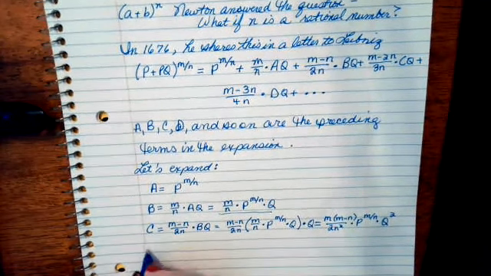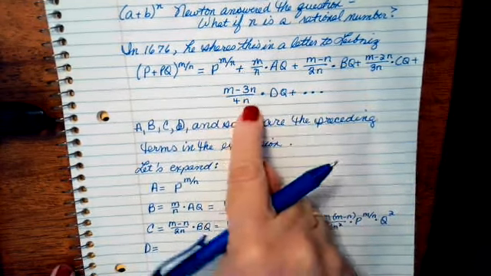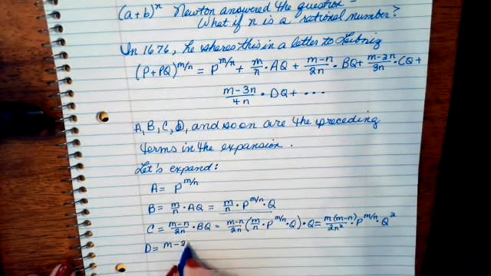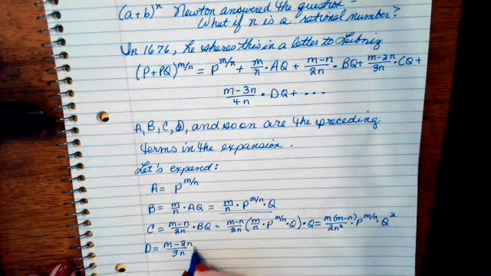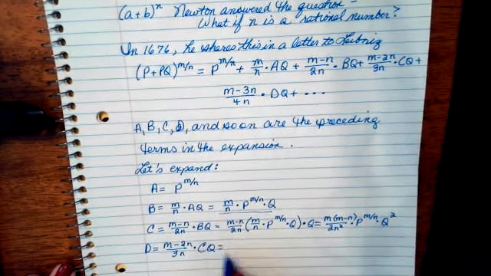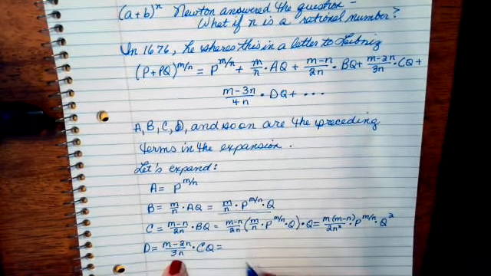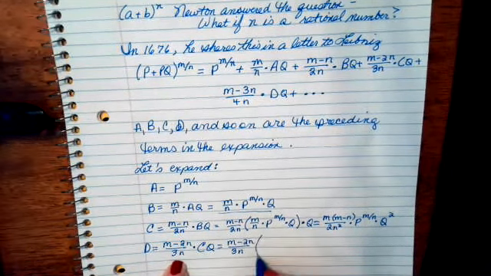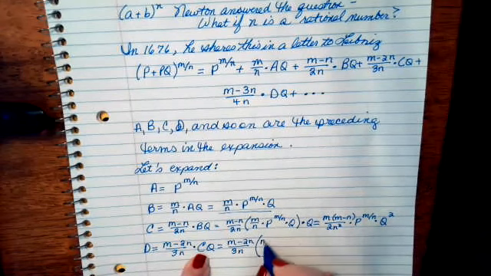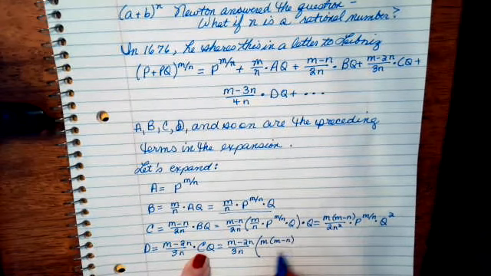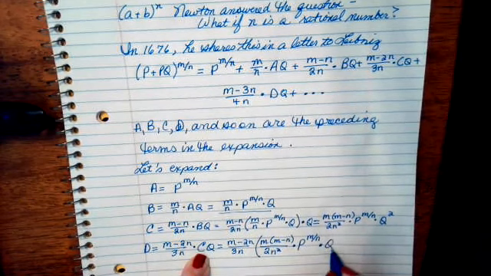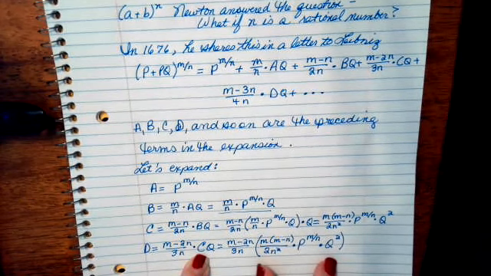And let's just do one more. What's D? D is the preceding term, which is m minus 2n over 3n times CQ. And now we know what C is. So this is m minus 2n over 3n times, all right, here's the C. M times m minus n all over 2n squared times P to the m over n times Q squared. All right, that's what C is.